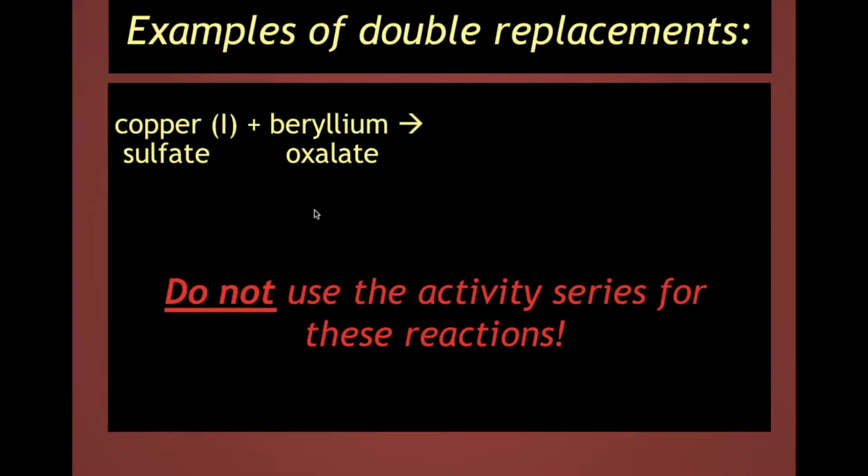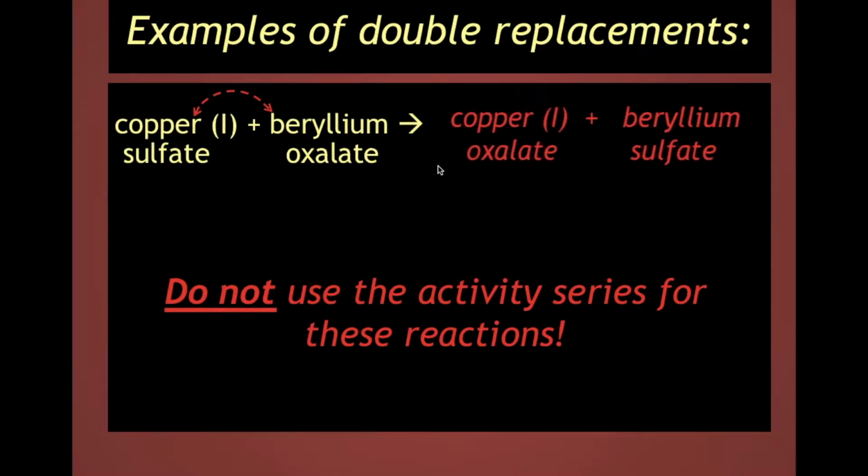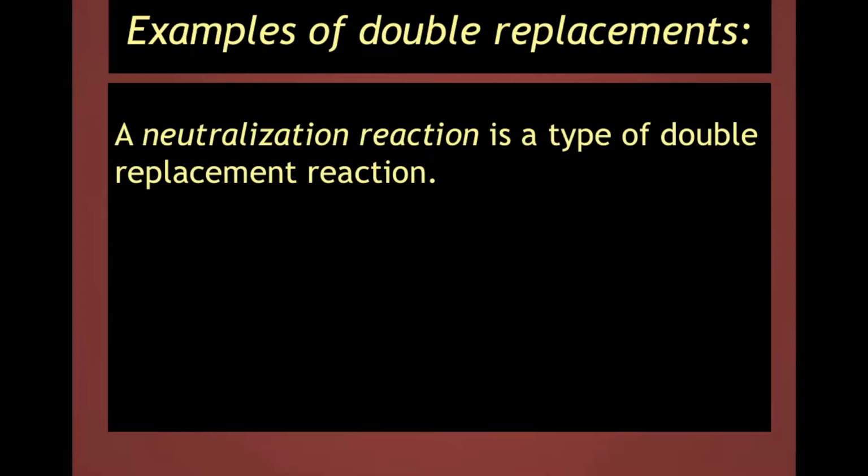You do not need this list for this. They are going to replace each other if I give you this setup. So basically you're just switching the two metals, and you will have copper oxalate and then beryllium sulfate. So all you're doing is just switching up the metals in the compounds.